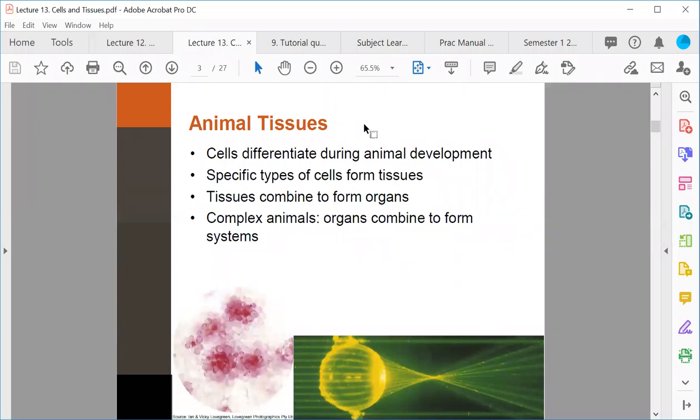That is, those cells are said to differentiate, and those cells will continue to differentiate both through animal and plant development. Then similar cells will come together to form tissues, and then different tissues will combine to form organs. And in complex animals and plants, organs will combine to form systems. So, of course, something like the respiratory system in an animal or the transport system in plants.